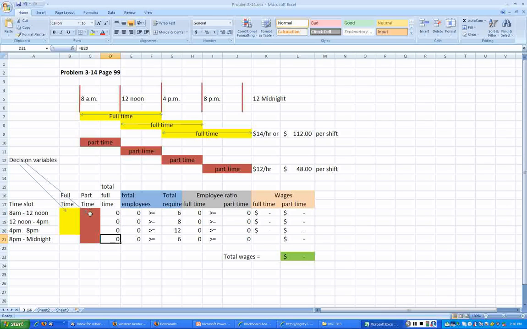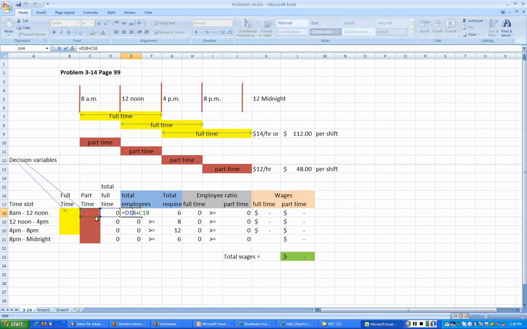The part-timers here get written down once we solve the problem. The total employees is the sum of the full-timers and the part-timers in the time slot. The same relationship applies at the other two places.